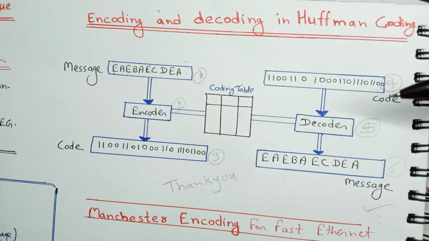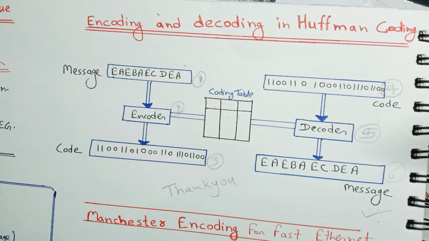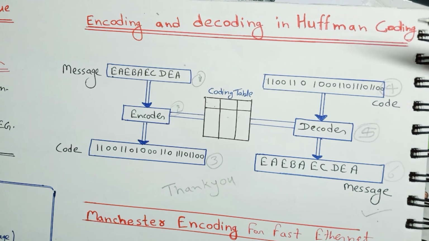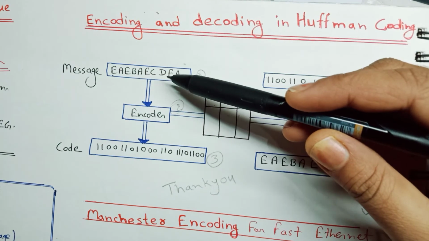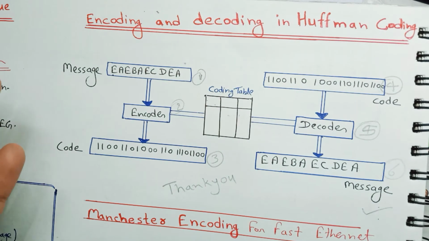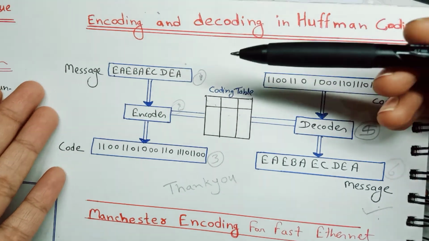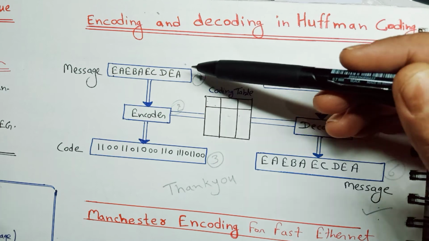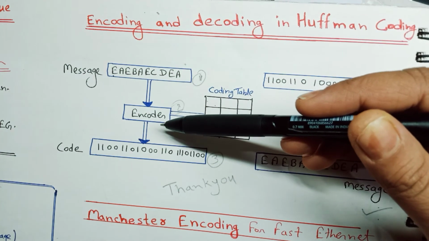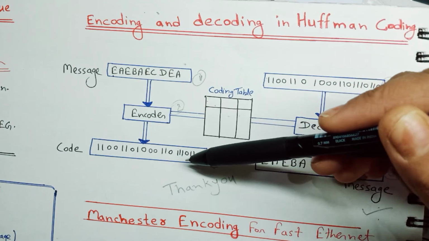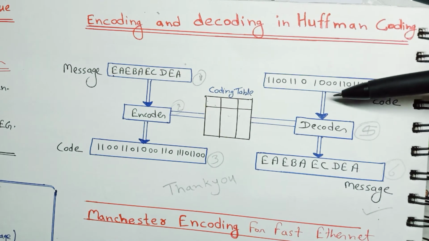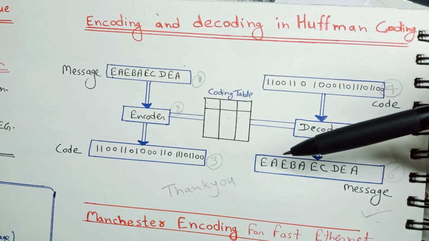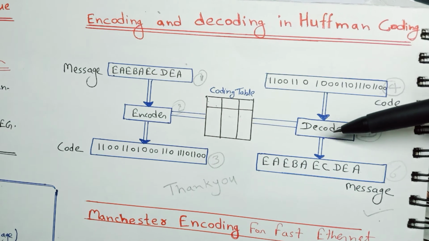This is encoding and decoding: if you are sending a message in high level language, the encoder encodes the message in 0s and 1s, and the 0s and 1s are processed and then decoded.